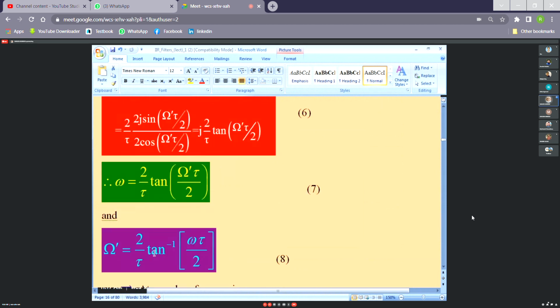Therefore, prior to application of bilinear transformation, if we can apply a distortion to the critical frequencies in accordance with equation 7, then what will happen? We do intentional warping of the cutoff frequency, the stop band edge, etc., according to equation 7, and then the transfer function of the analog filter that we obtain with these new frequencies is subjected to bilinear transformation.